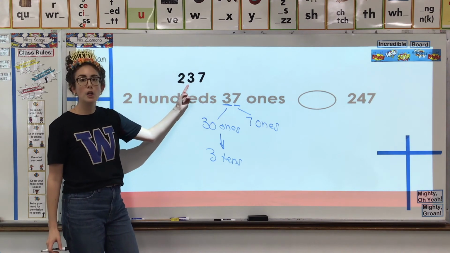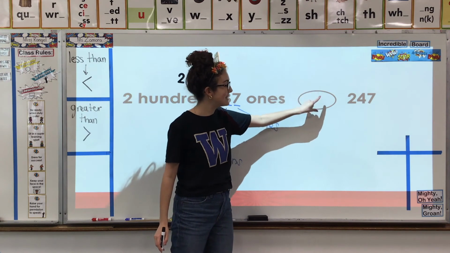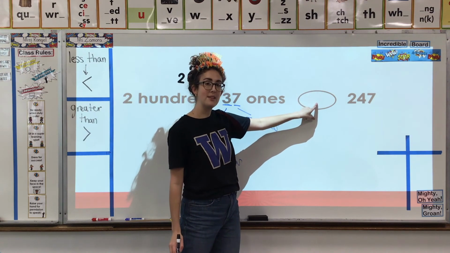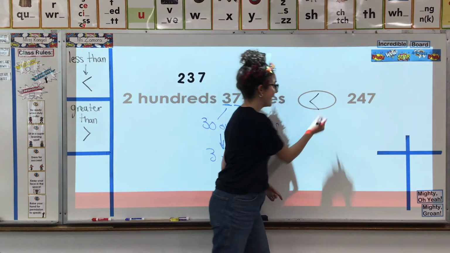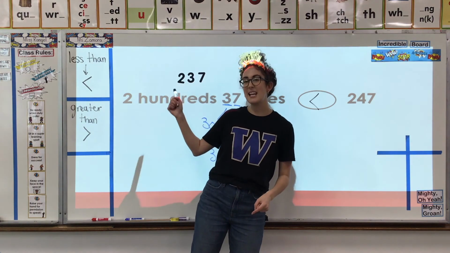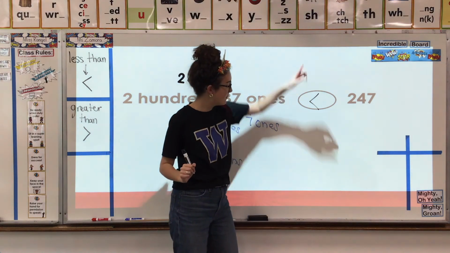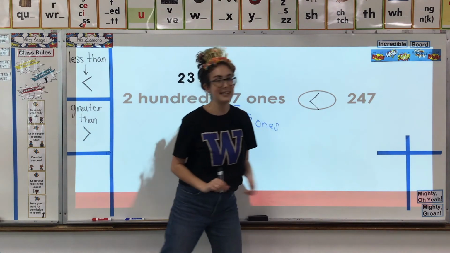It's the smaller number. So what symbol are we going to write? Less than. Can you write in the symbol? Less than faces the right. Remember, in less than, the first number is smaller. So this symbol has to face the right. Less than.